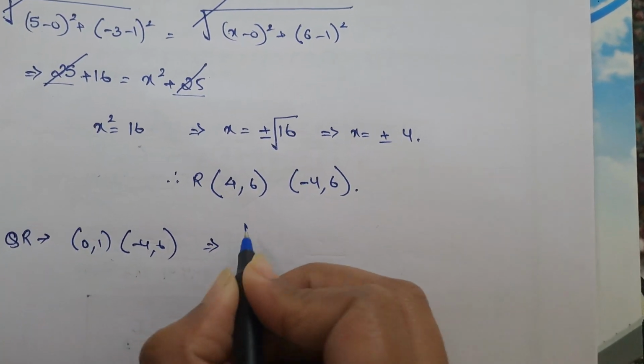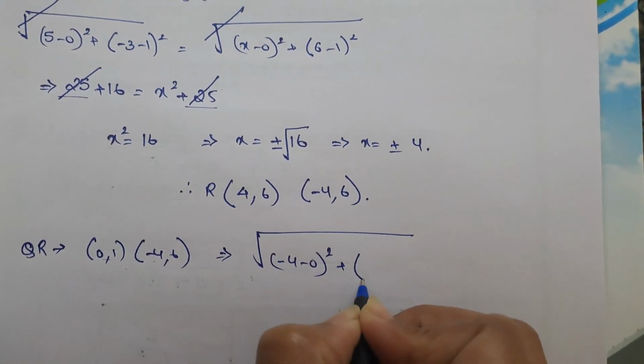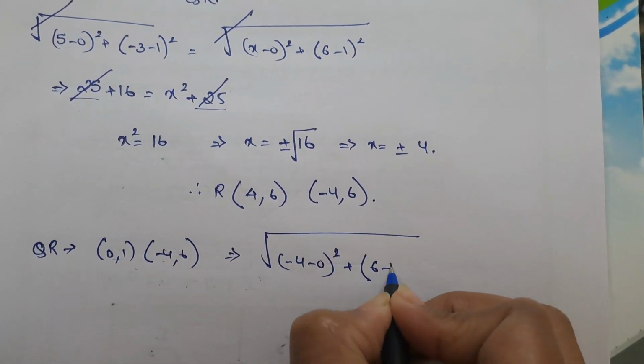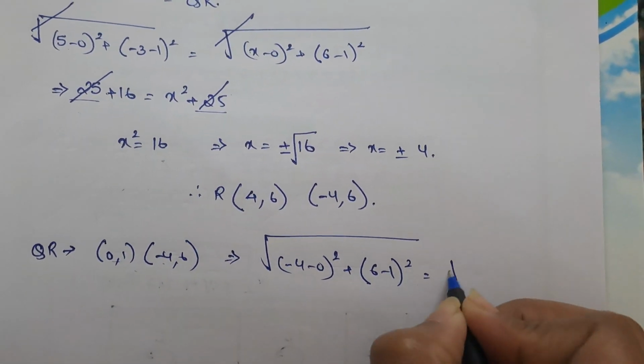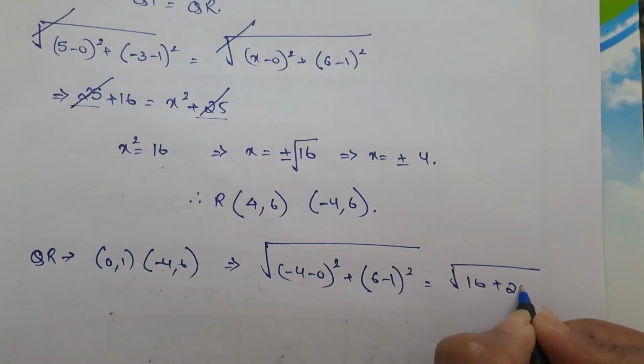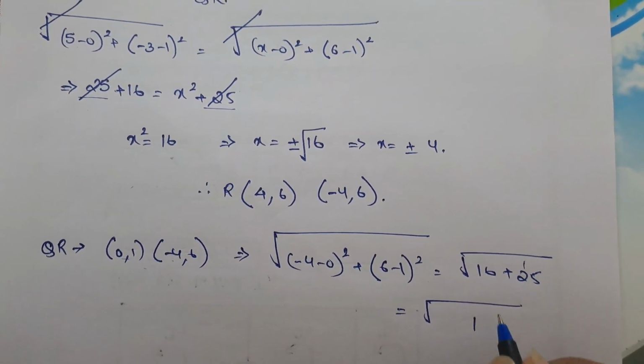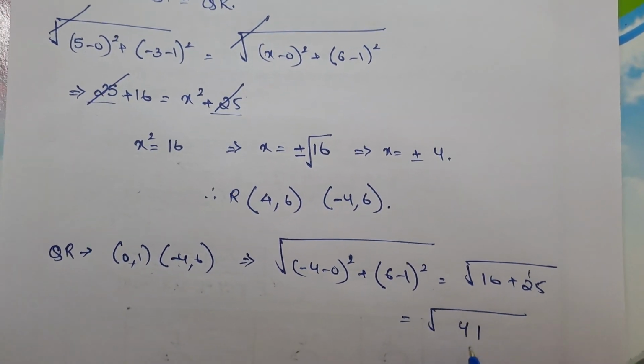So applying the distance formula, it goes minus 4 minus 0 whole square plus 6 minus 1 whole square. That becomes root of 16 plus 25, which turns out to be root 41.